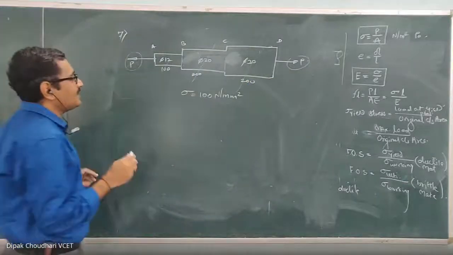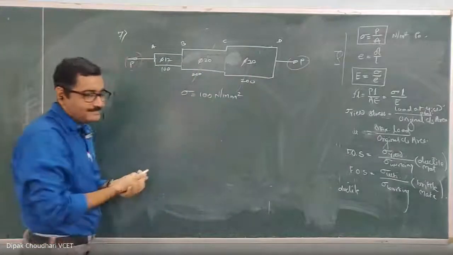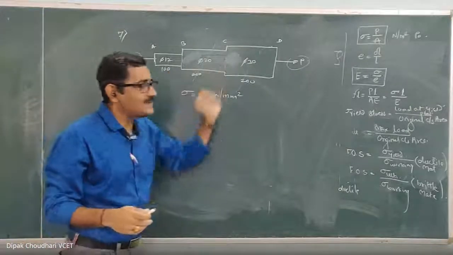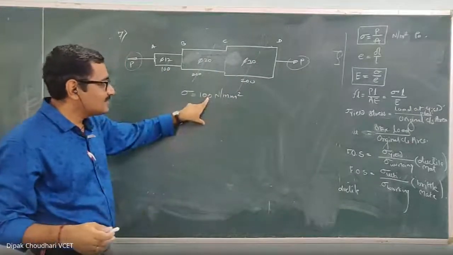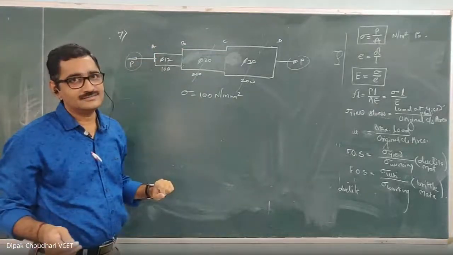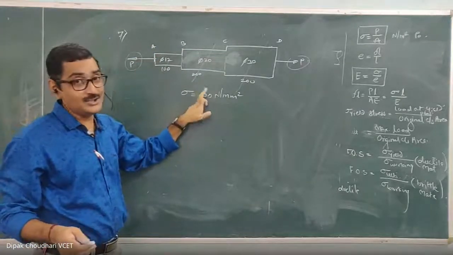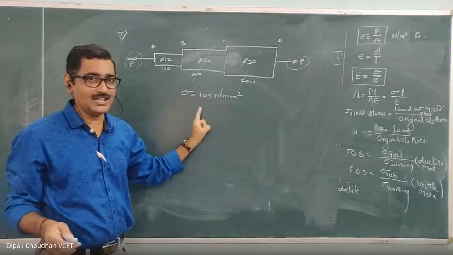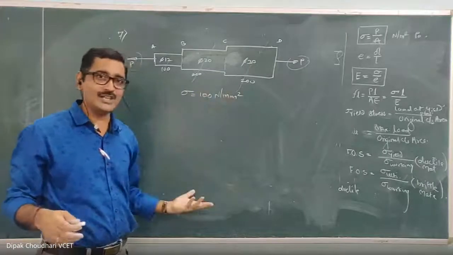Now you'll observe that since the axial force is the same, this maximum stress will be induced in the first part, and this is the maximum. It should not go beyond this. इतना ही होना चाहिए. इससे कम इंड्यूस हुआ तो चलेगा.